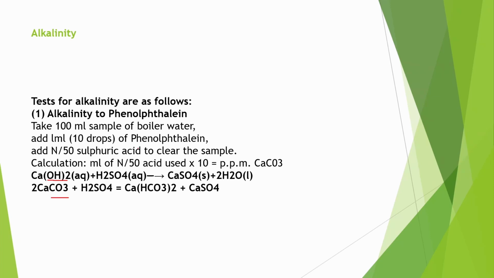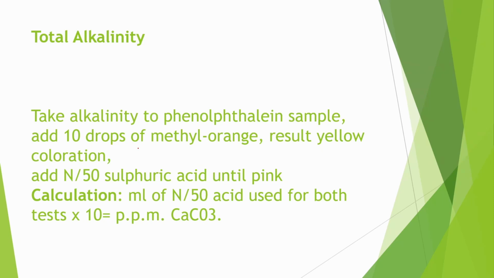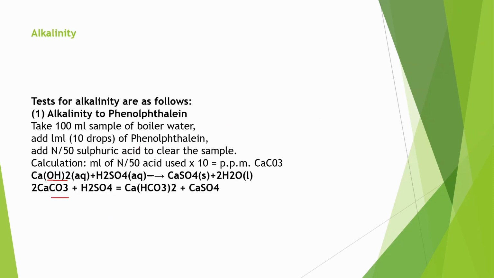So after that we will study about the T alkalinity test. I think you understood here that first of all we have OH, then we have carbonate, CO3, which is less alkaline than OH, and then we have the phenolphthalein solution, and after that we have HCO3.